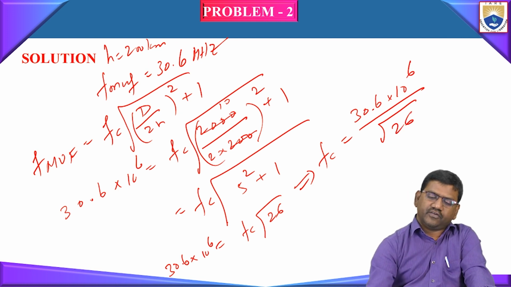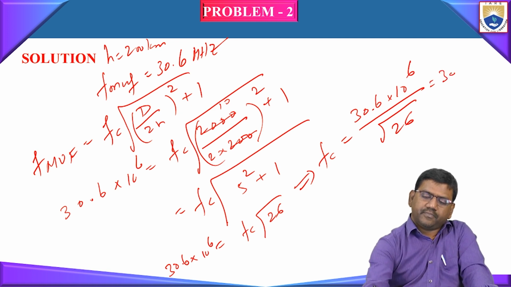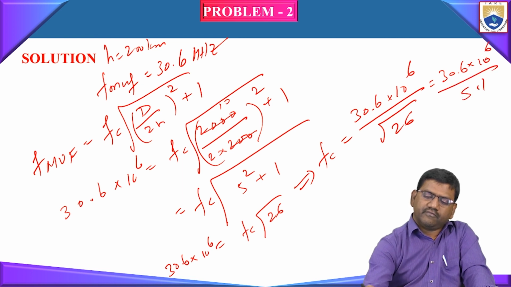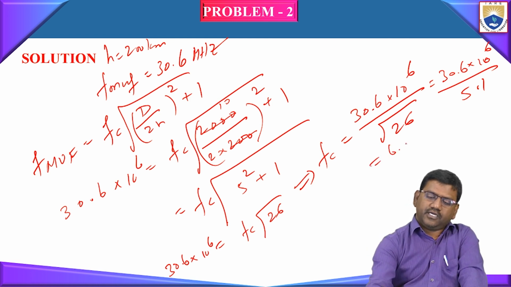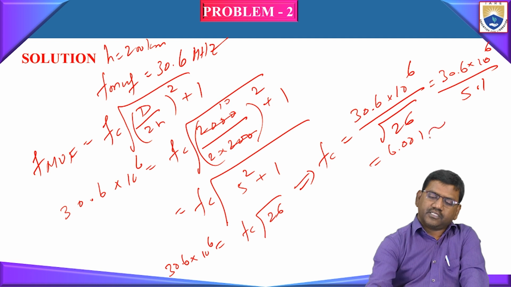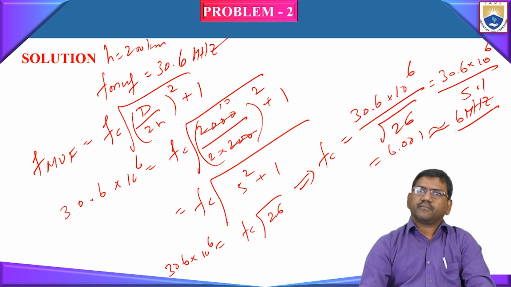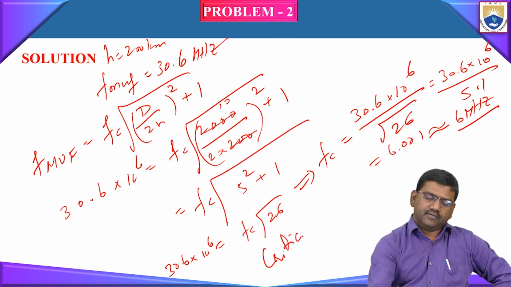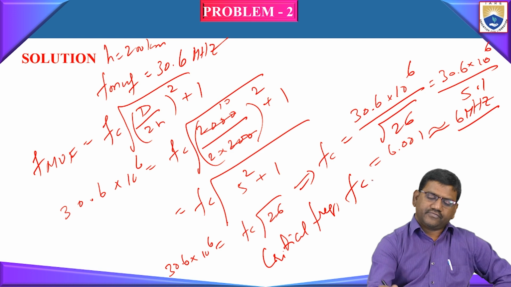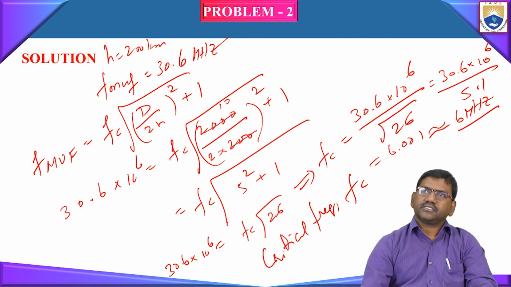Root 26 is approximately 5.1, so 30.6 into 10 power 6 divided by 5.1 is approximately 6.001, which is approximately equal to 6 megahertz. So this is how to determine the value of the critical frequency: Fc is equal to 6 megahertz.